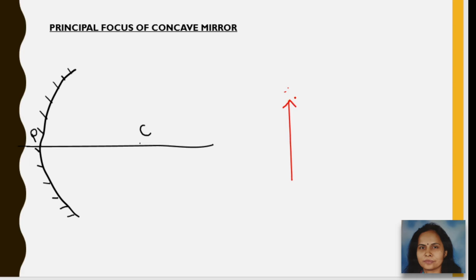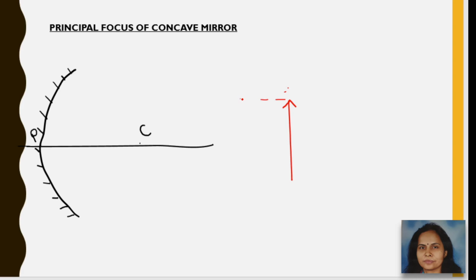Now the incident rays are coming from this point. Since the incident rays are coming from infinity, we have to show that the rays are coming from infinity. So starting from this object, we need to show the incident rays dotted, right?